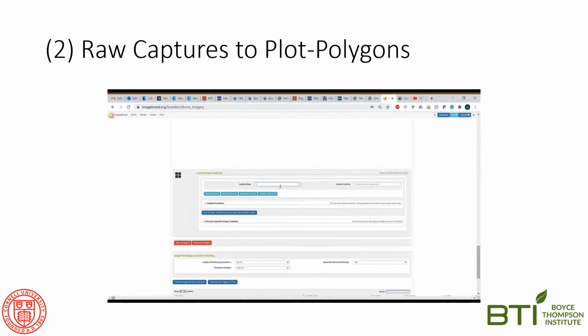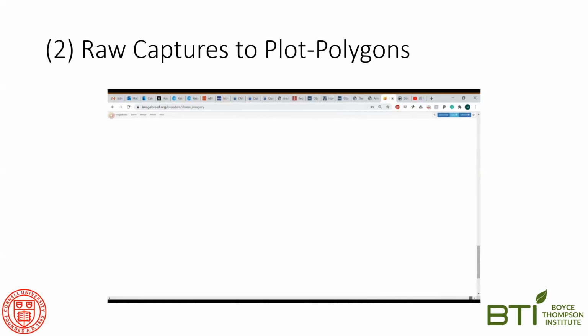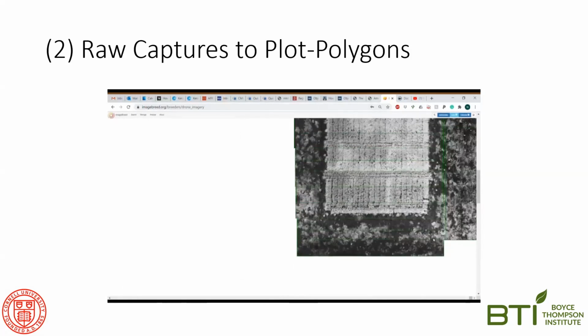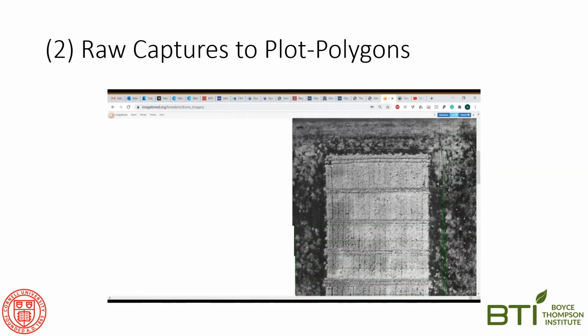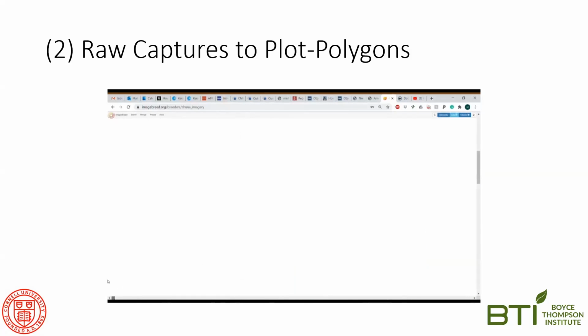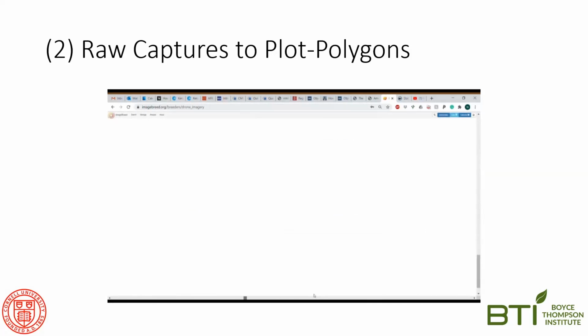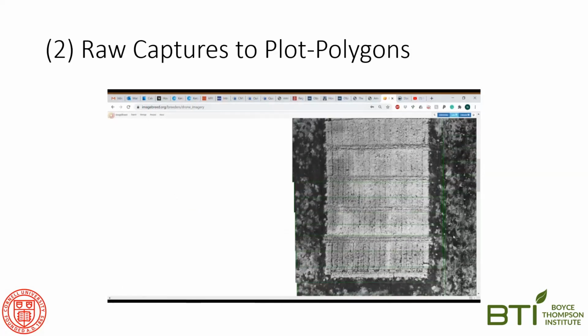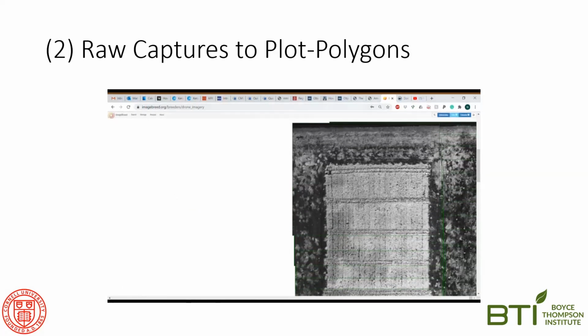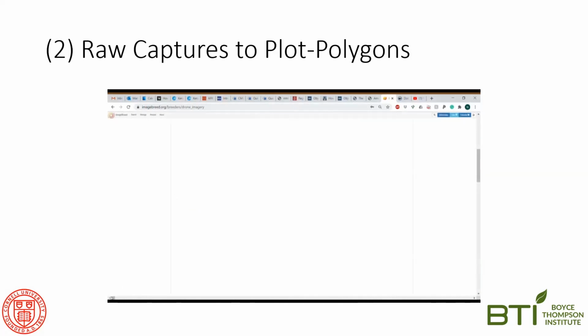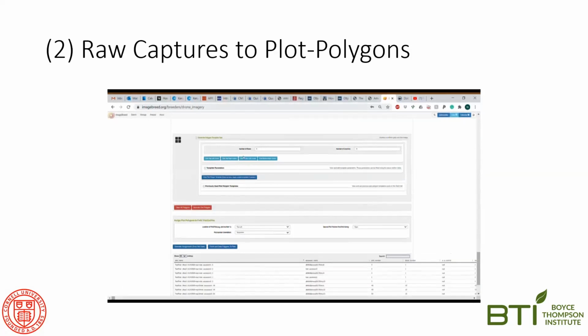We say the number of rows, number of columns, and then we click on the boundaries of the field, just directly clicking on the screen. This is kind of trial and error.